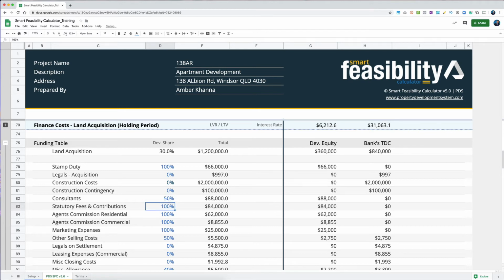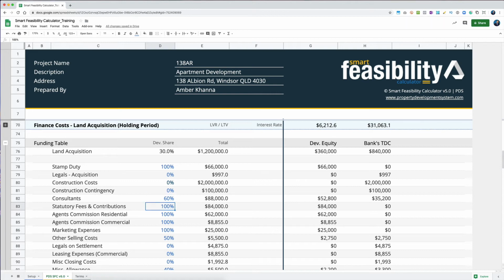So this could be you paying 60% and the banks allowed you to add those costs as part of the total cost.